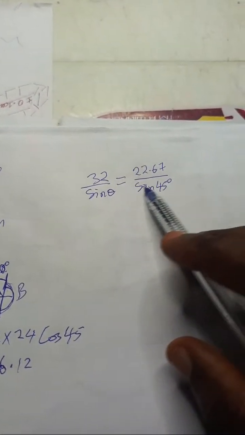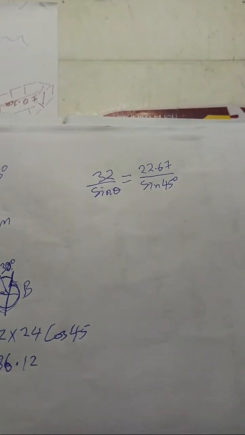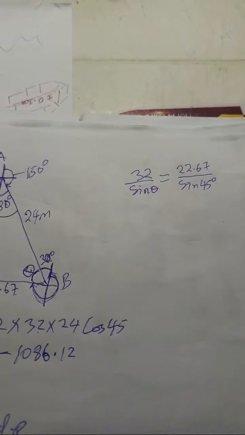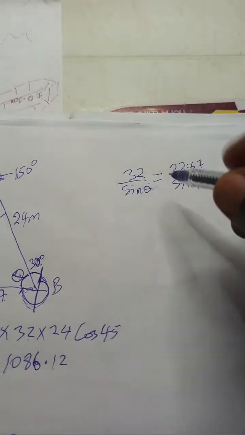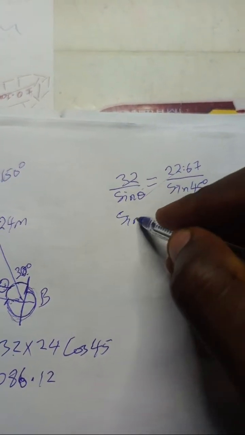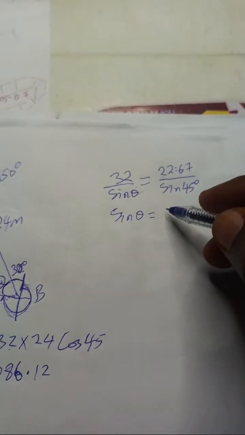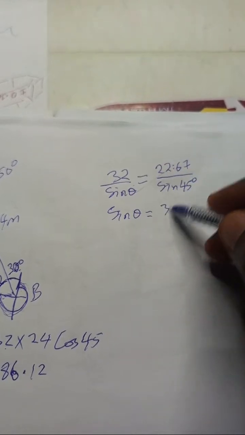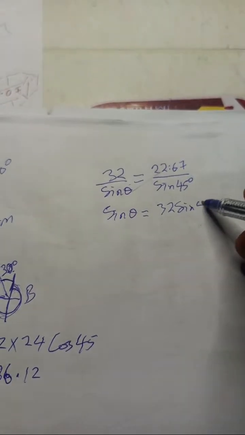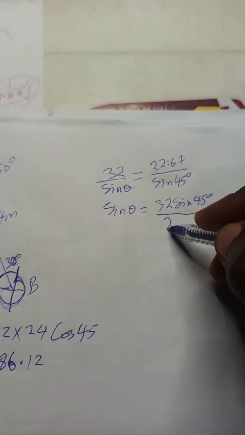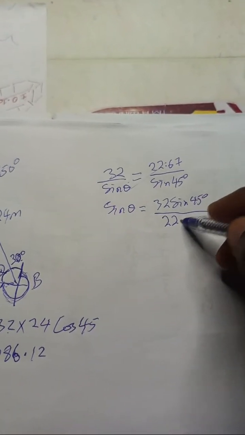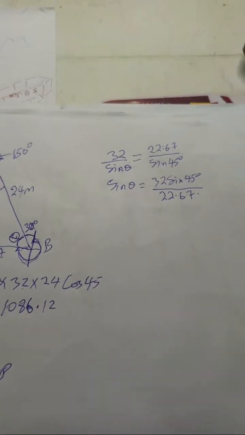Looking at it this way, you can cross multiply to get what we needed there. So sine theta is equal to 32 sine 45 degrees divided by 22.67.